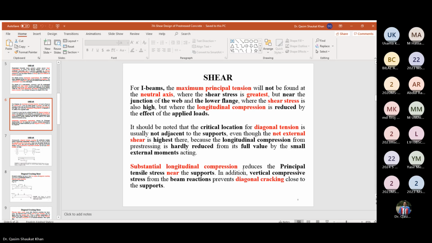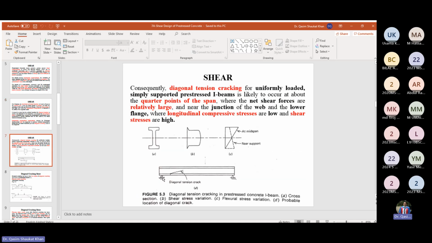Agree or not agree? So I repeat, at this point, compressive stresses due to prestressing are very high, whereas tensile stresses due to the sagging bending moment are very small.